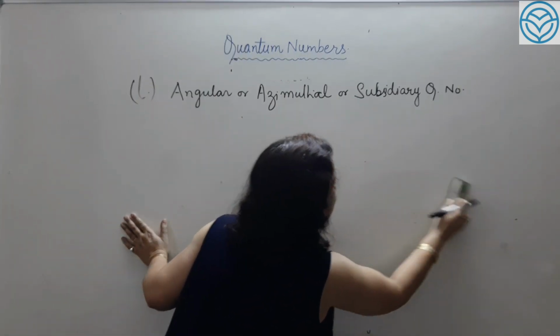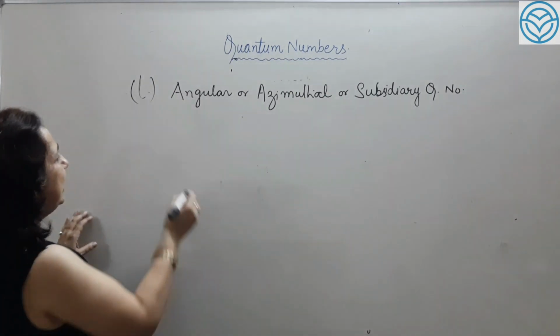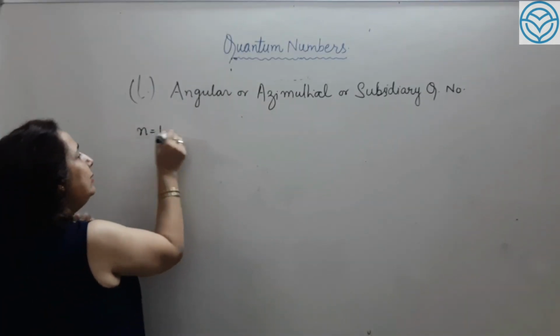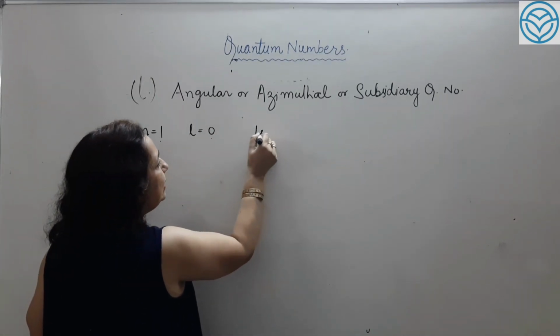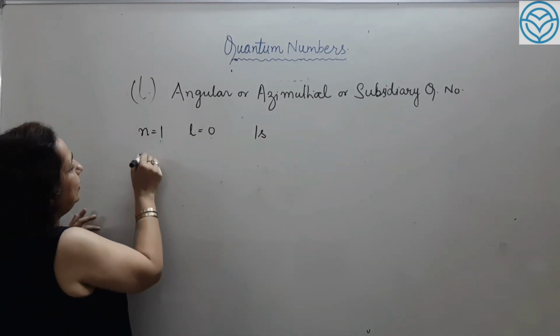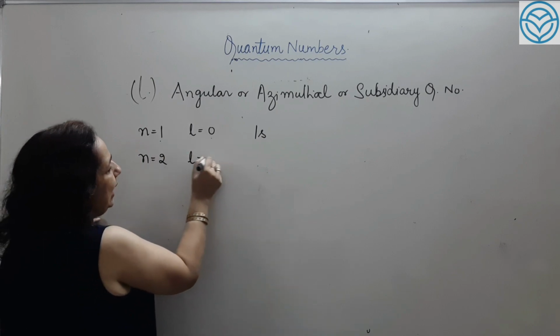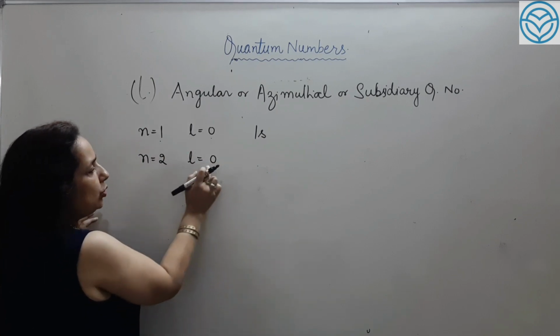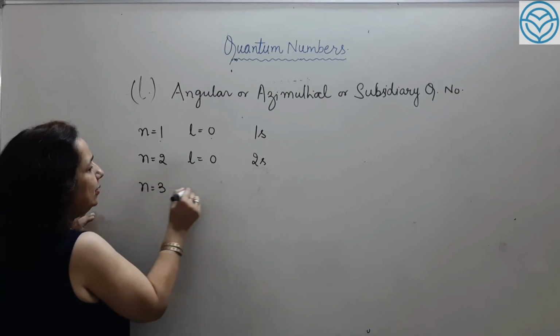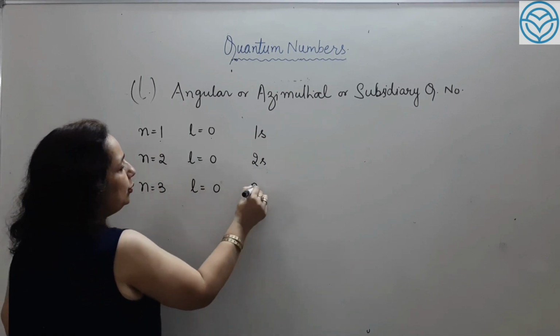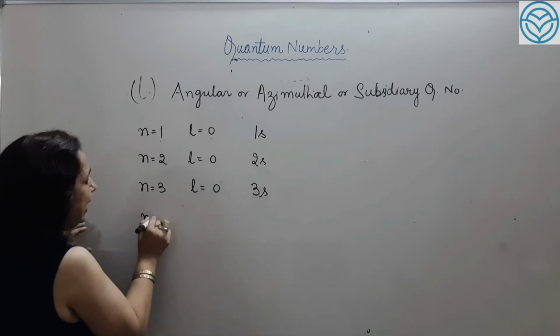Whenever we want to name a subshell, it will be like N1, L0, so we will name it as 1S. It is the 1S subshell. If it is N2, L0, second floor, 0 room, 2S. If N is 3, L is 0, 3S.